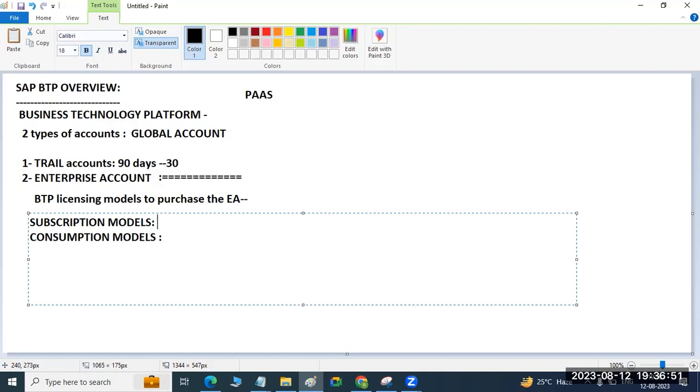Regardless of consumption of the services, you have to pay a fixed cost. Fixed cost means, like your prepaid mobile recharges, right?